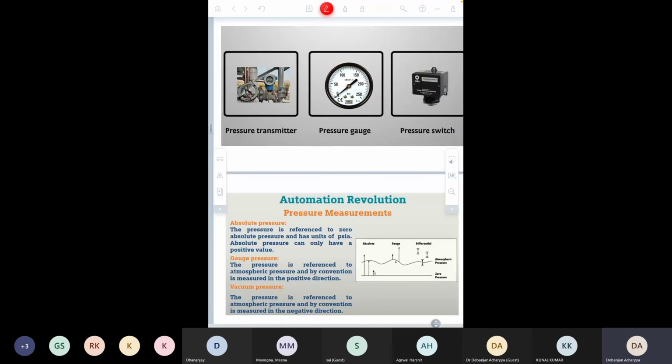What is the difference between a pressure switch and a pressure transmitter? The transmitter will give you continuous data, but a pressure switch is a kind of on-off device. Whether the pressure is below a certain level or above that level will be determined and measured.